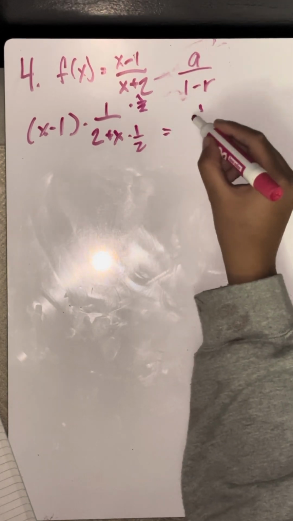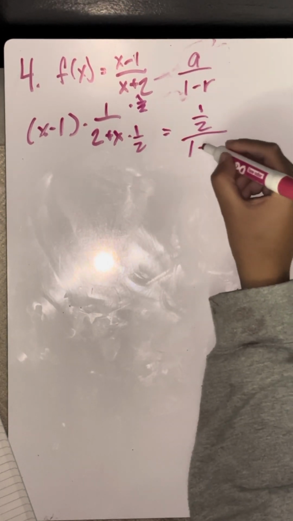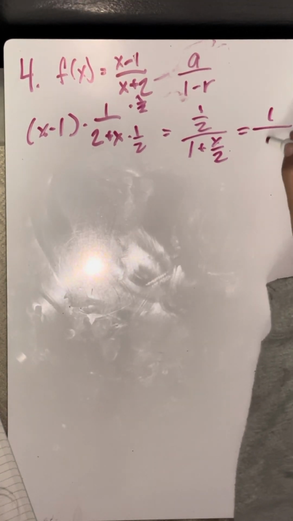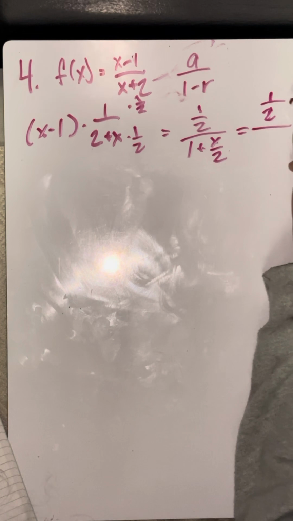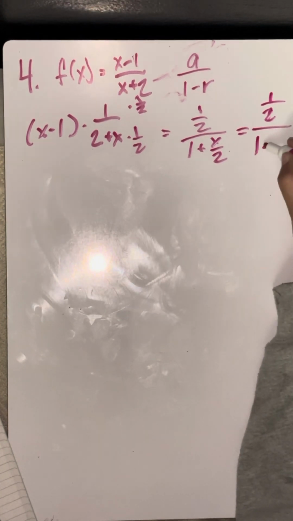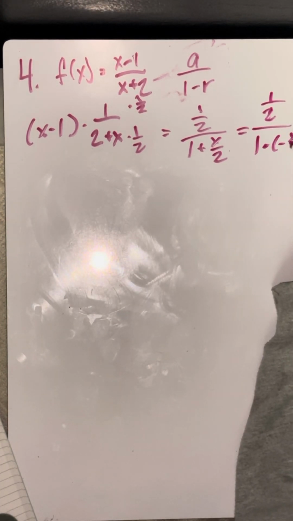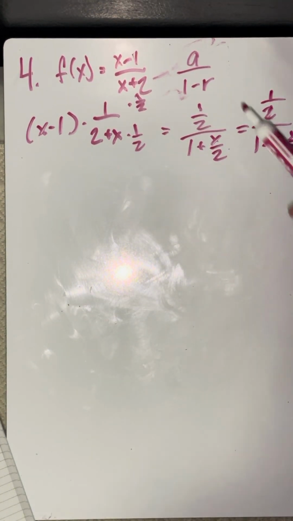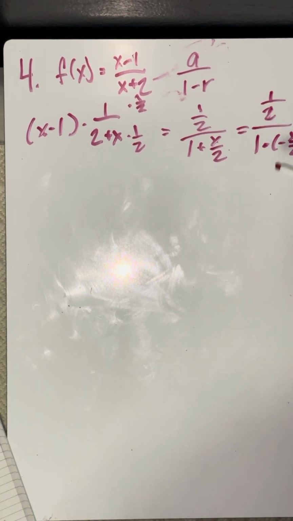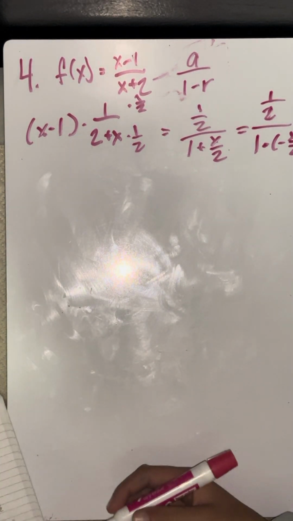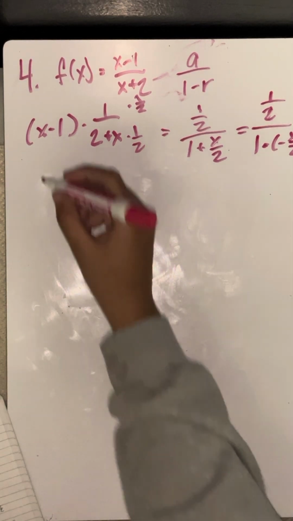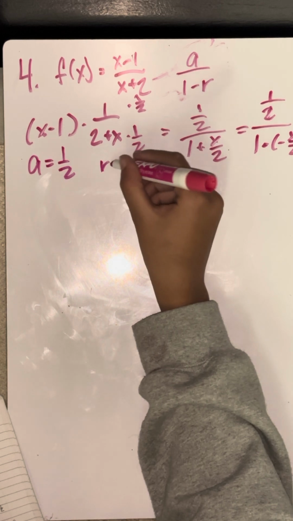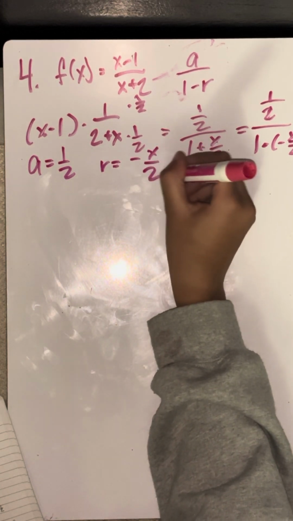We get 1/2 over 1 plus x over 2, and then we get 1/2 over 1 minus negative x over 2, which is the same thing, minus negative is plus. So now we have it in the form of a number over 1 minus another number. So we have a equals 1/2 and r equals negative x over 2.